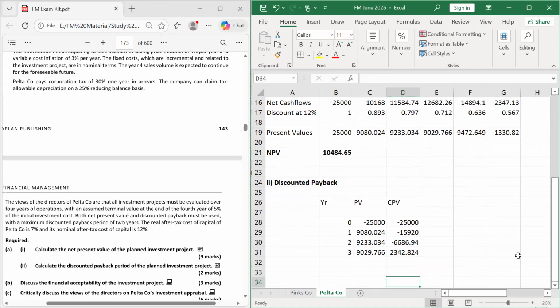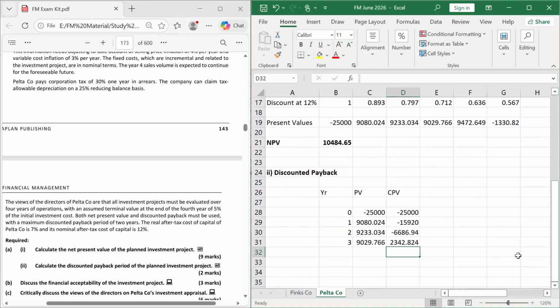If you got a positive answer, it means that your payback is somewhere between year two and year three. Remember one thing, enter the dollar triple zero here as well, because we are doing the workings in dollar triple zero. So Control X, Control V.